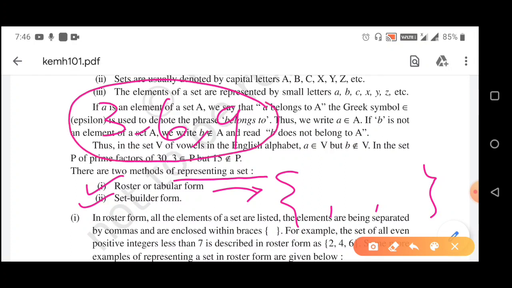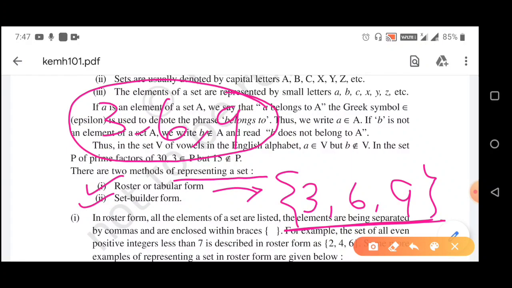Now we can represent this collection in roster form using commas and brackets. So we will write it as 3, 6, 9 within these curly brackets. This is called roster form.